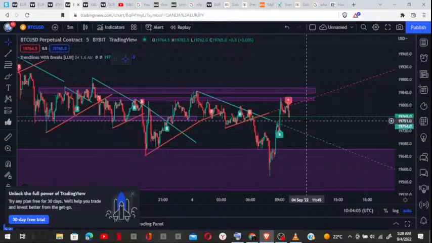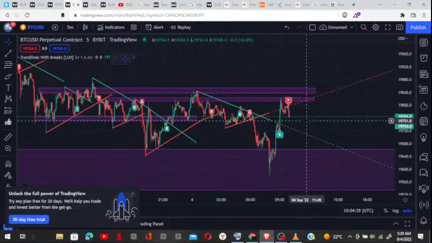What do we have here? We have the name of the indicator, so I'm just gonna use some of the emojis. I talk a lot, guys, but then yeah.